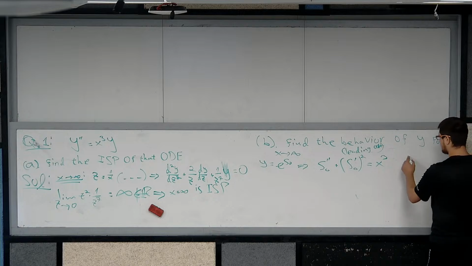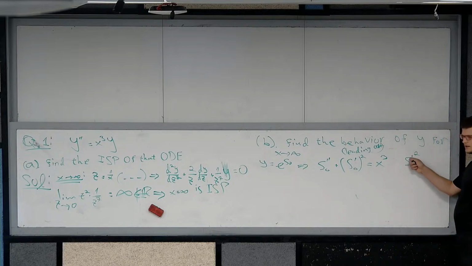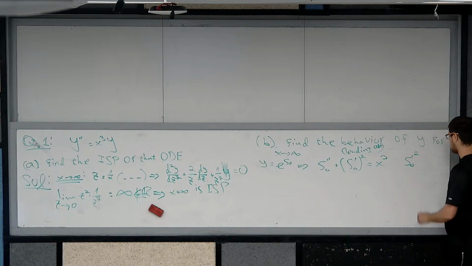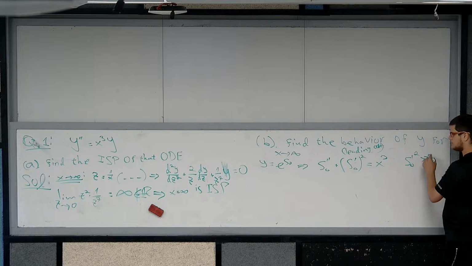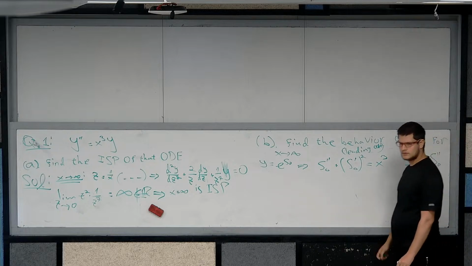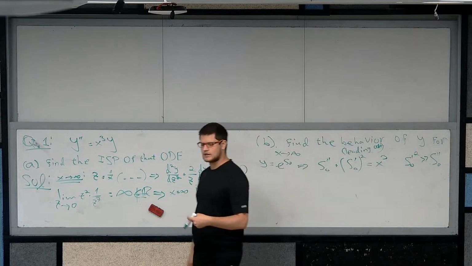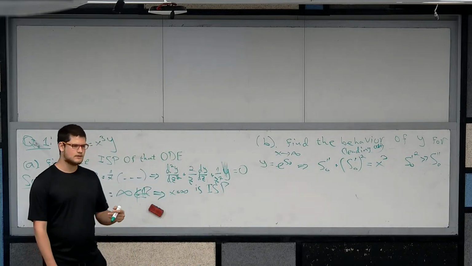So in our case, we will assume that S0 prime squared is larger than S0 double prime. At the end, we will have to check that, to validate our assumption.